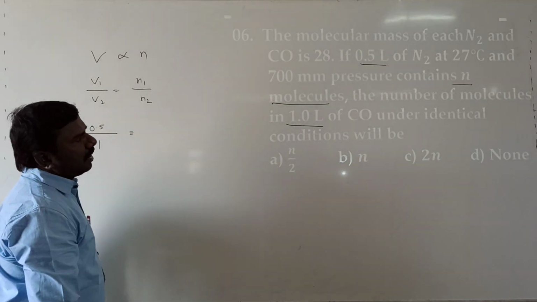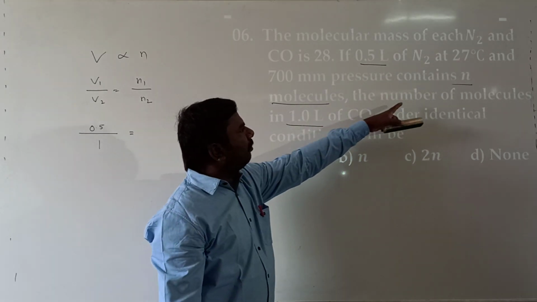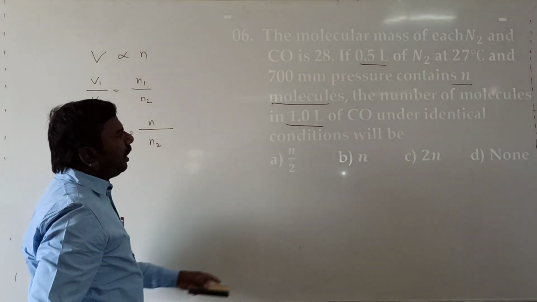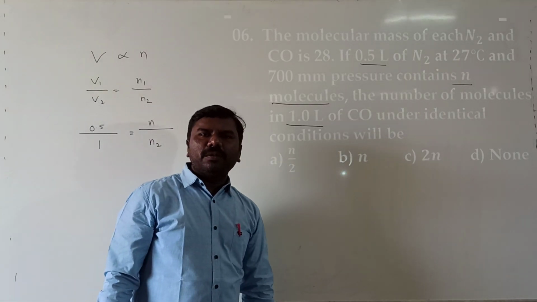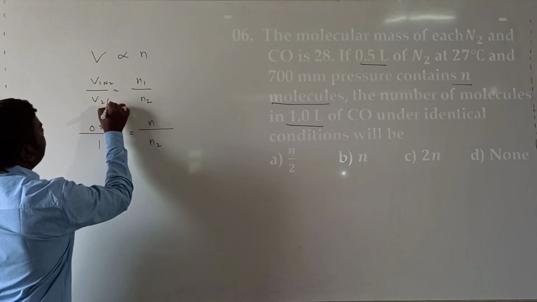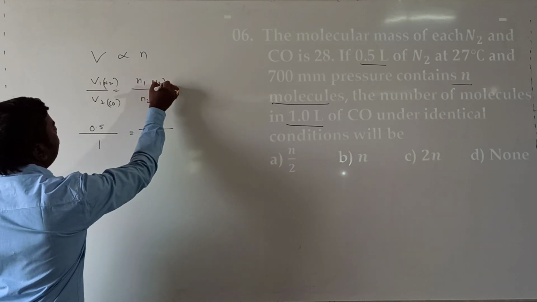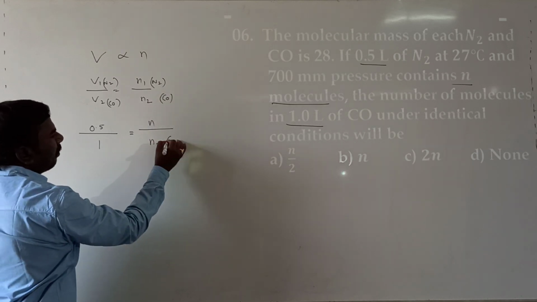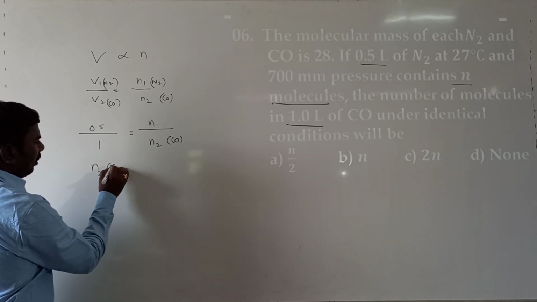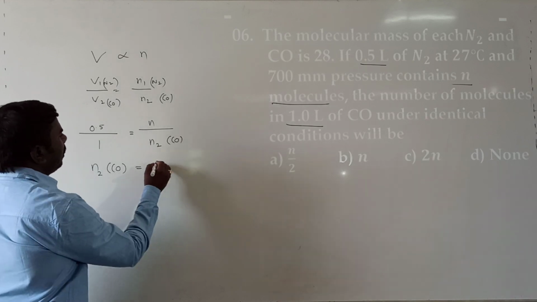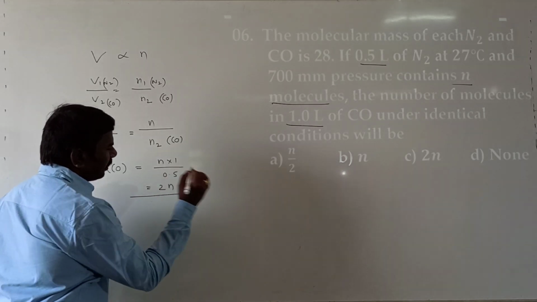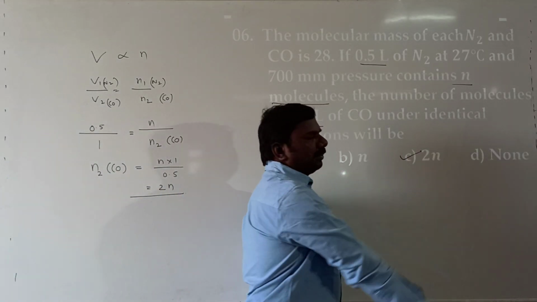N1 is N, and N2 belongs to CO, the number of molecules of CO. This is what is required for us. So the number of molecules of CO equals N into 1 by 0.5, that is equal to 2N. The answer will be option C.